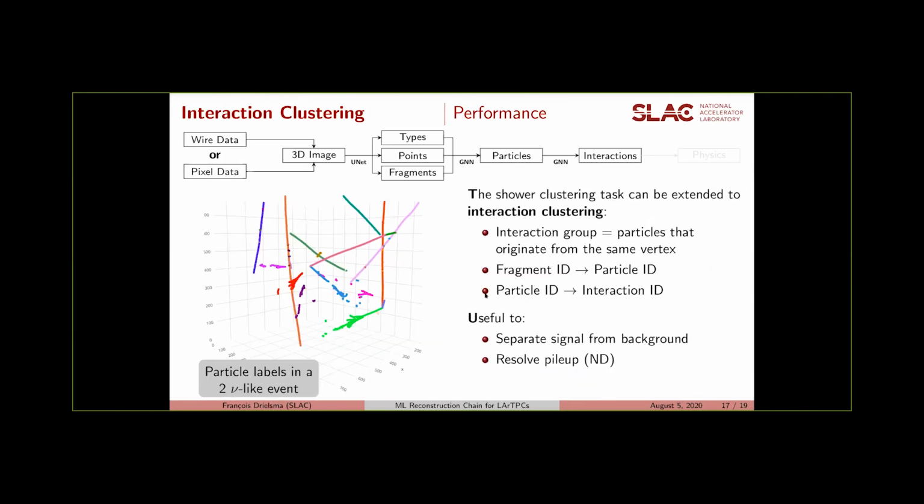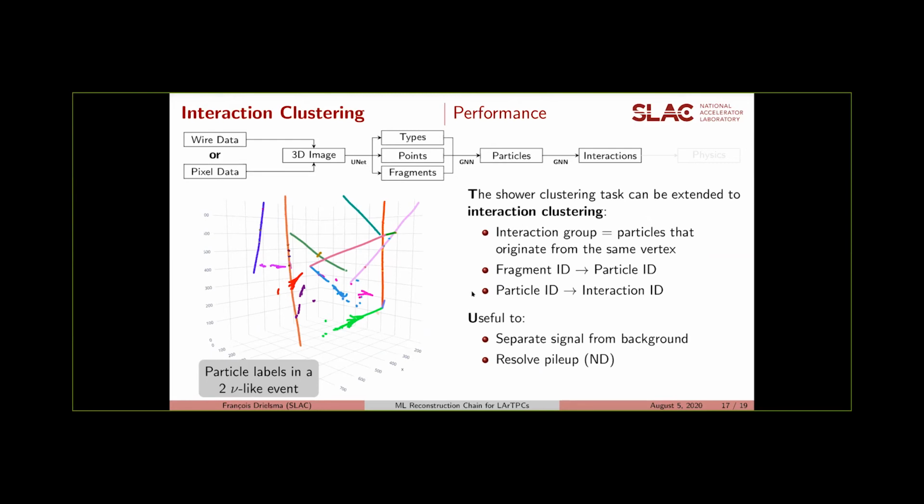Okay, so the final task that I want to mention is this interaction clustering. At this stage of the reconstruction, we've got different tracks coming out of the dense clustering, and we've got different showers coming out of the graph neural network. What we would like to know is if different showers and tracks actually originate from a common vertex and correspond to a single neutrino interaction, we'd like the network to be able to cluster them together as one.